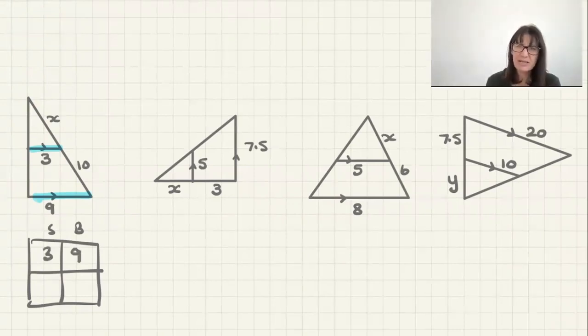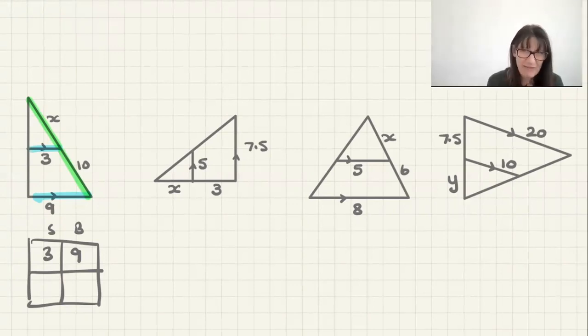Now, the other information that I have in the triangle is this edge here is X, and that's the edge I'm trying to find. I can also see that this edge here is 10. So the full length down that side is X plus 10.